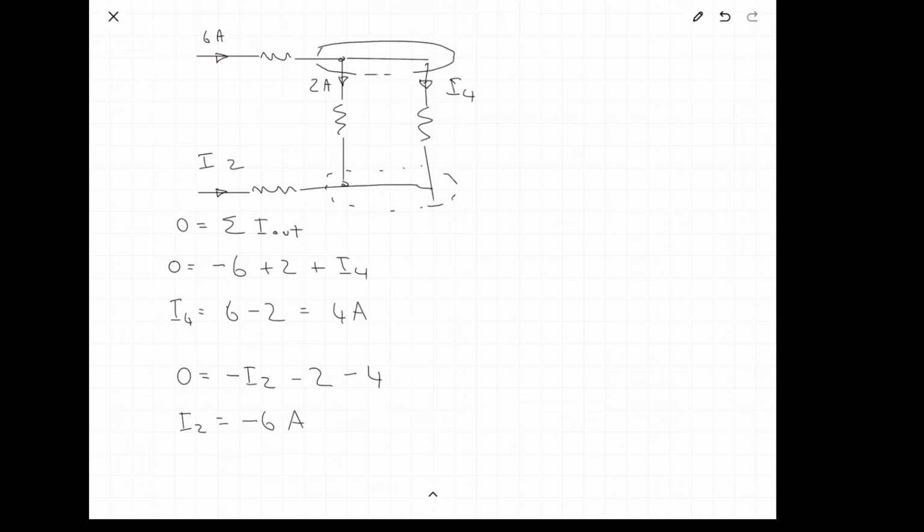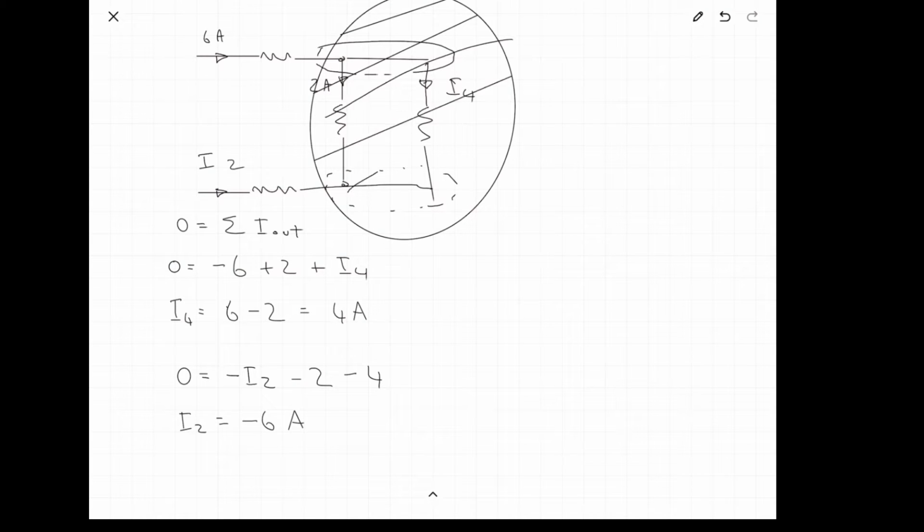Now, I'm going to show you a little trick. If we didn't need to find I4, we could have made this whole area a kind of supernode. And again, Kirchhoff's current law works for any sort of planar surface.